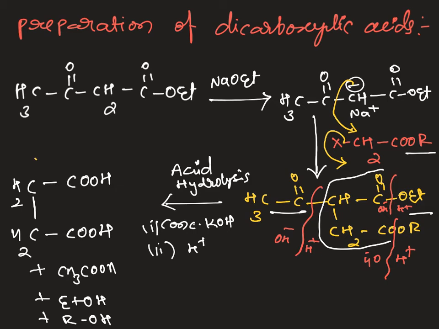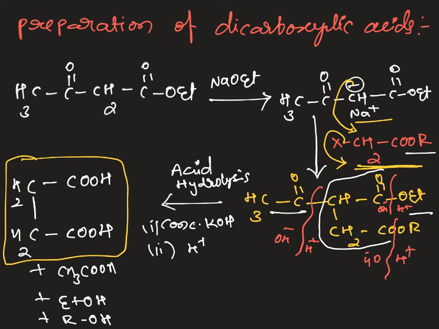So when we use a halo substituted ester, we always get a dicarboxylic acid, and the compound name is succinic acid. If you use alpha halo esters, the product will always be a 4-carbon dicarboxylic acid, succinic acid, because 2 carbons come from the alpha halo ester and 2 carbons come from ethyl acetoacetate. 2 plus 2, 4 carbons in the dicarboxylic acid.